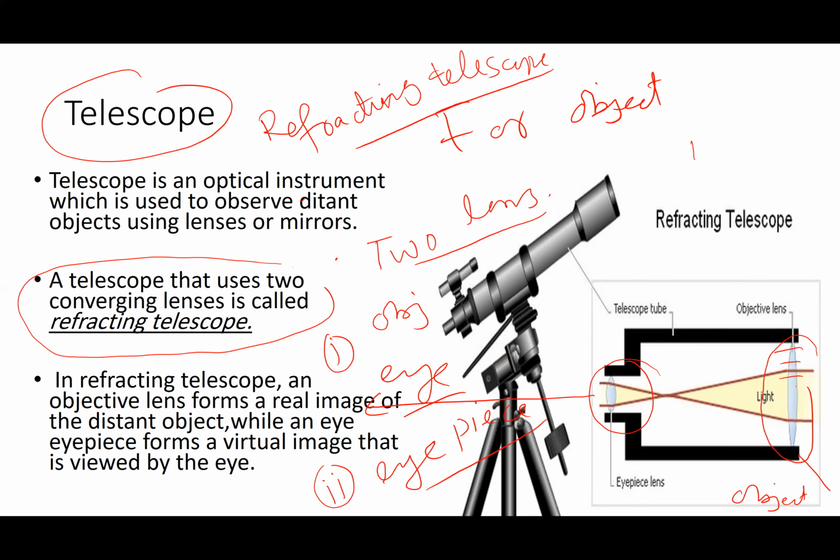Objective lens used is of larger focal length, and eyepiece is of shorter focal length.